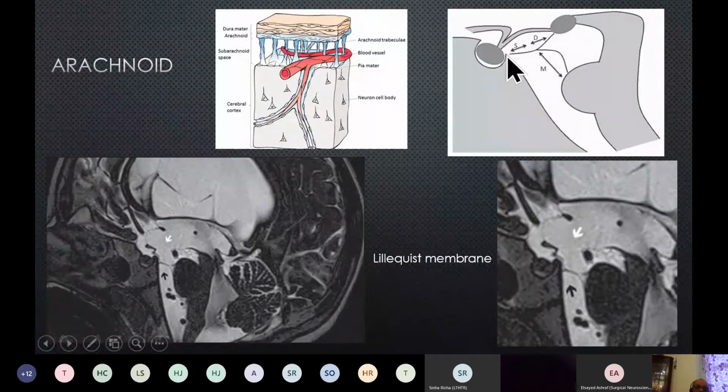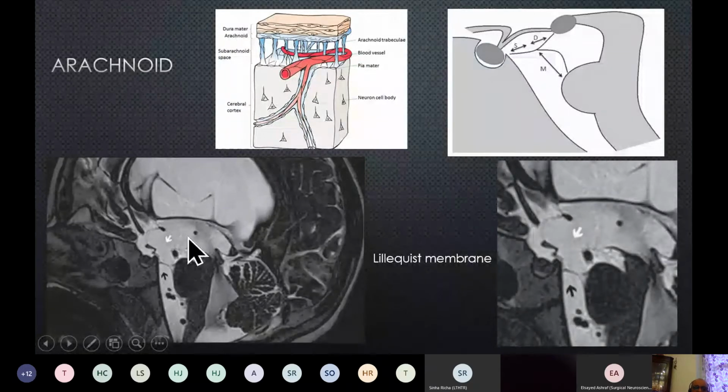If you read the literature on aneurysms and aneurysmal disease, you'll realize why in some instances aneurysms project in some direction, why in some instances aneurysms cause bleeding in a particular direction and not the other. And this is related to these arachnoid membranes, these arachnoid webs, which hold structures in a particular direction.